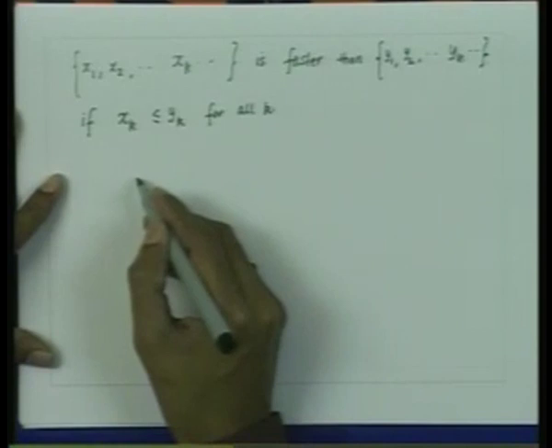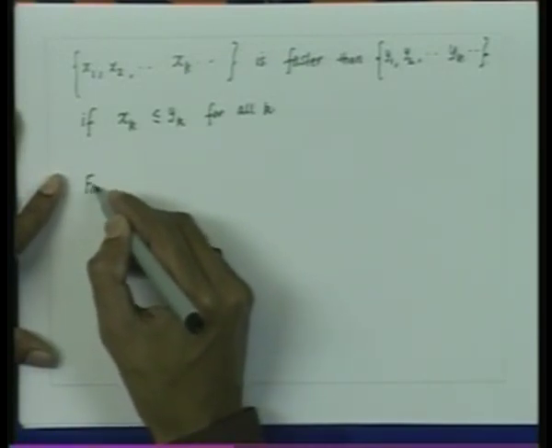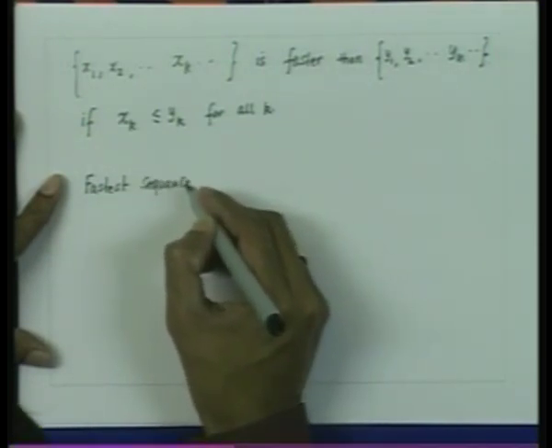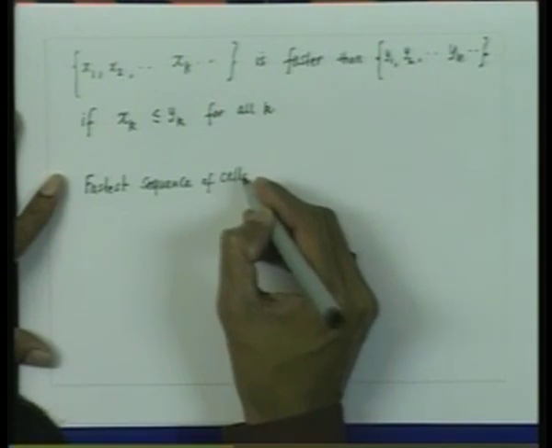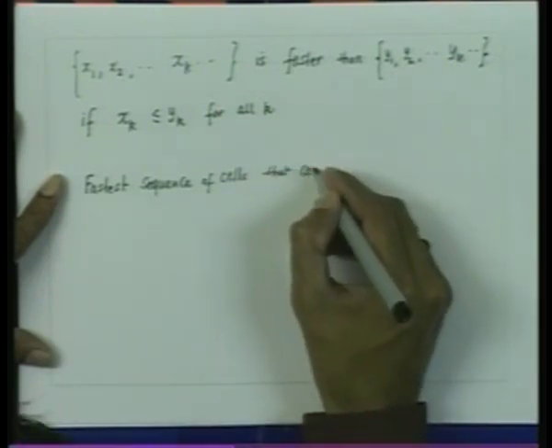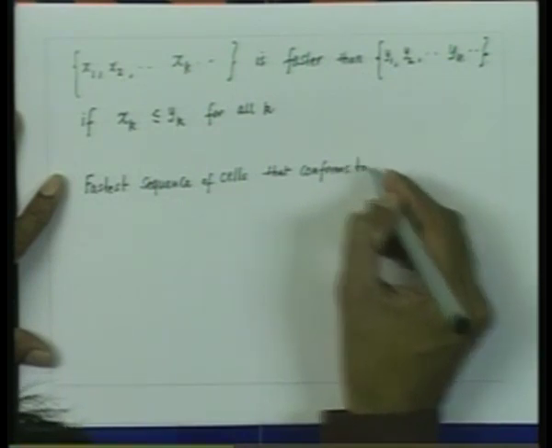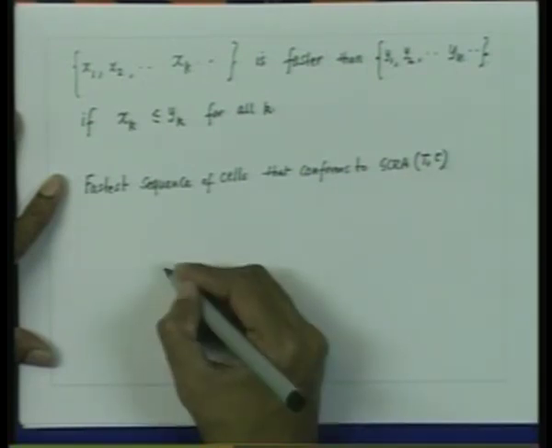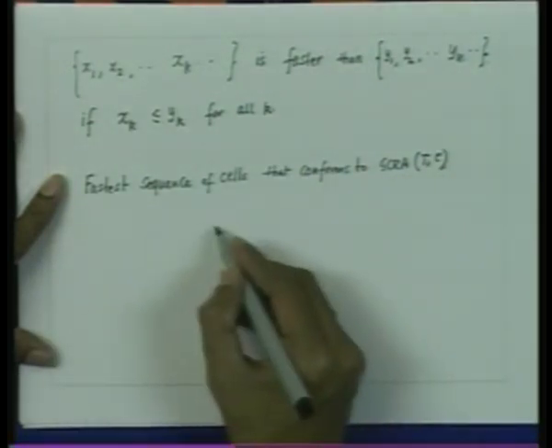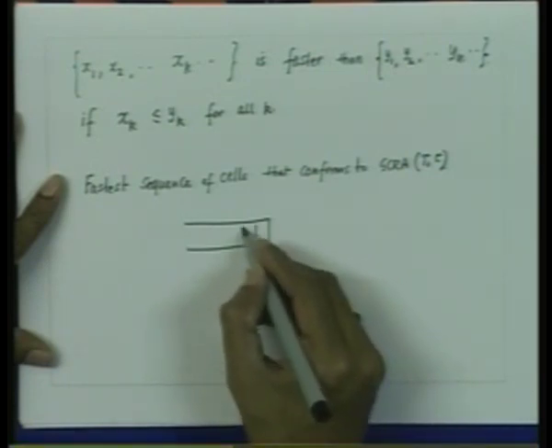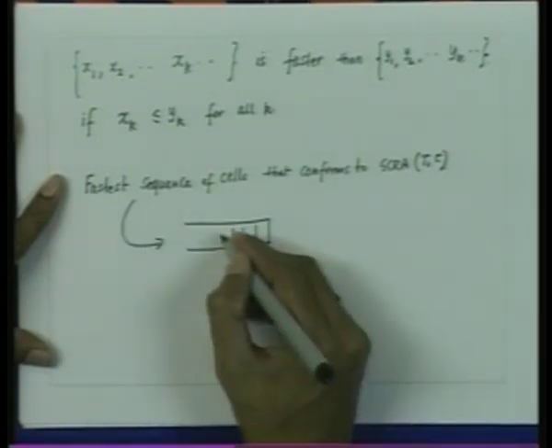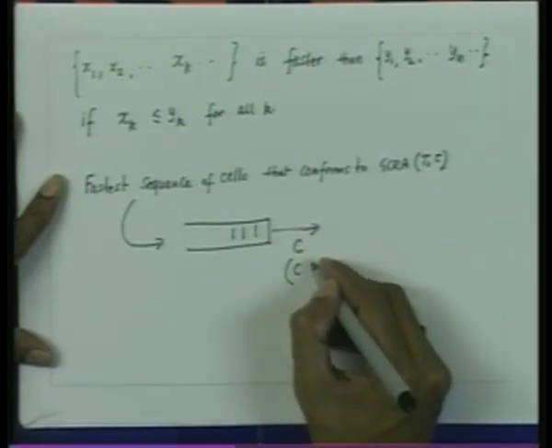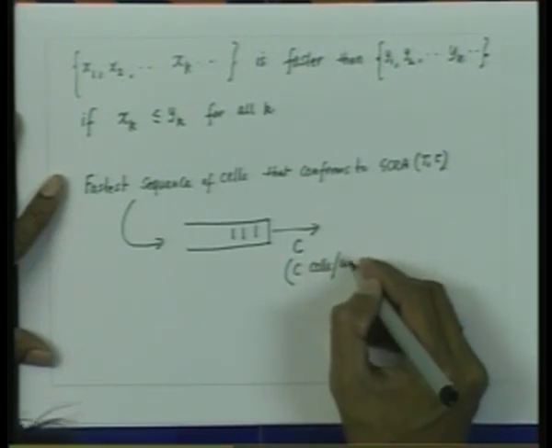Now, I am assuming that I have a fastest sequence of cells that conforms to GCRA T tau parameters. Let us say I transmit this fastest sequence of cells through a buffer which is equipped with a transmitter that can transmit with a capacity of C, so C cells per unit of time.